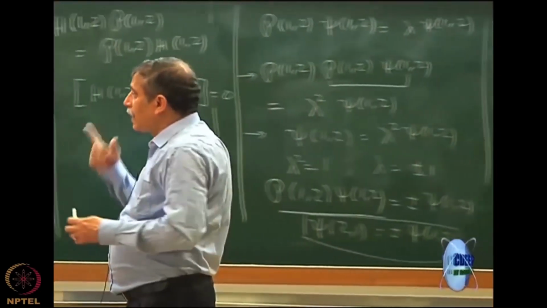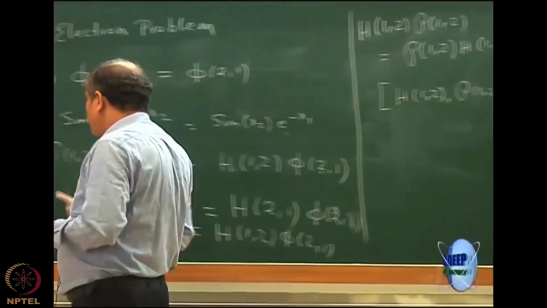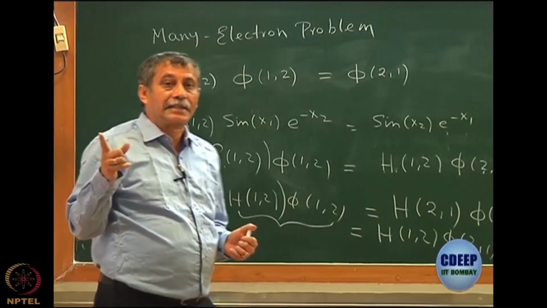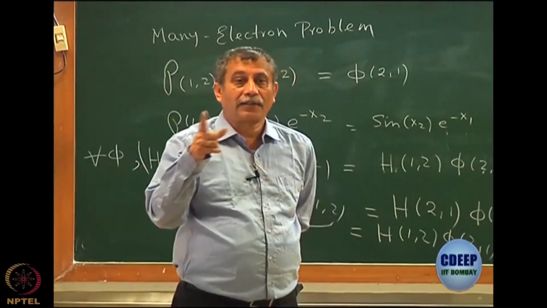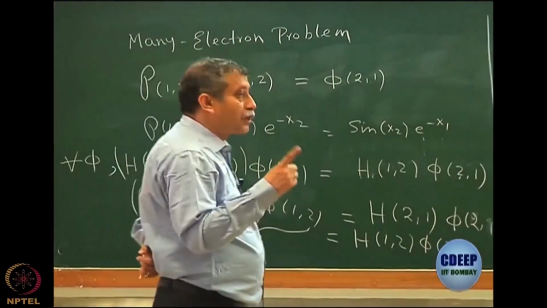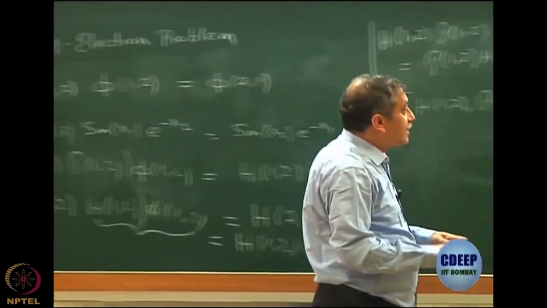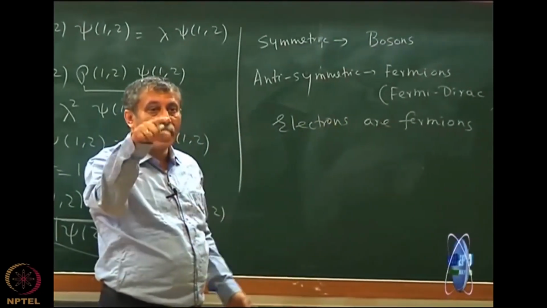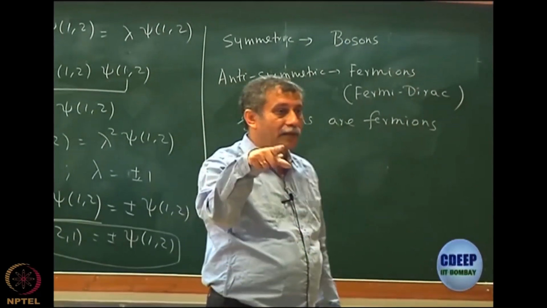So, if you now look at our theorems, even for the non-interacting case, I said that the wave function is a product of the one electron eigenfunctions, right. Now we can see that a product is not acceptable unless it is antisymmetric. That is the reason I wrote in brackets, if you remember, antisymmetrized product.